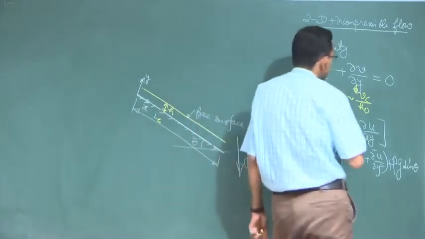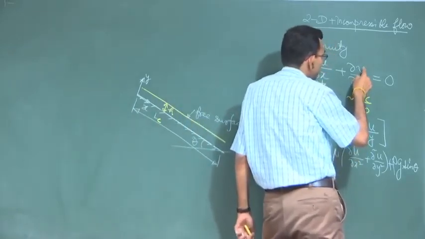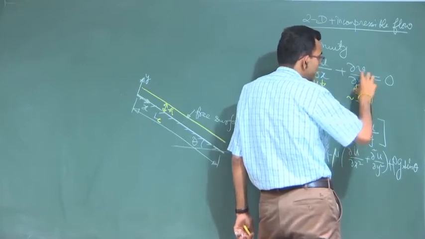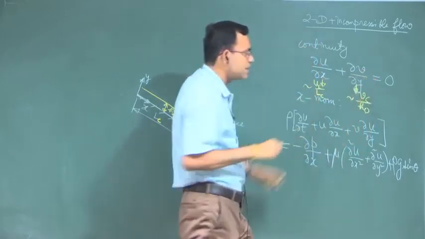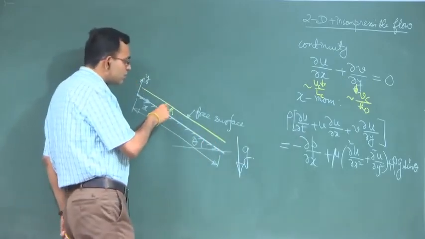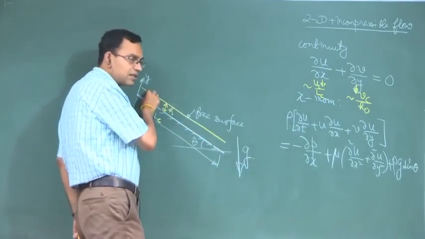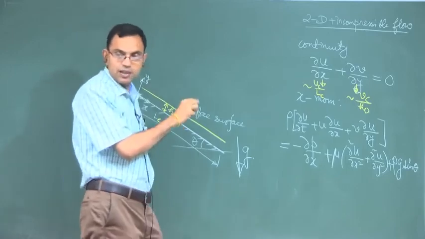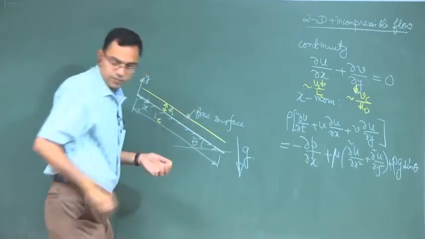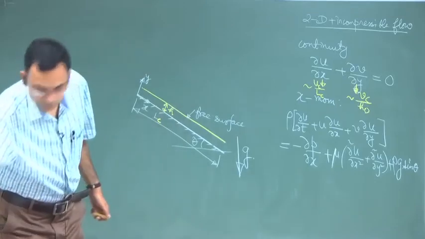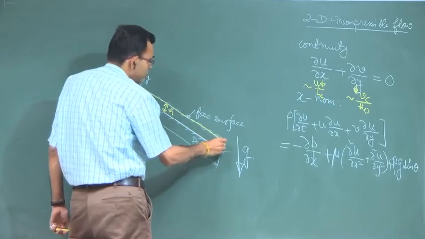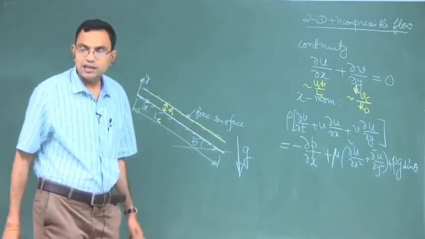How are they related by the continuity equation? First of all, let the order of magnitude of V be Vc and the order of magnitude of the characteristic length scale along y be h naught. H naught is equal to the constant h if h is a constant, but if h is a variable, in a typical situation I can show some undulated interface like this.